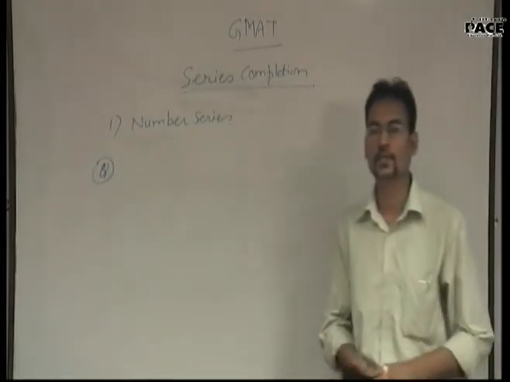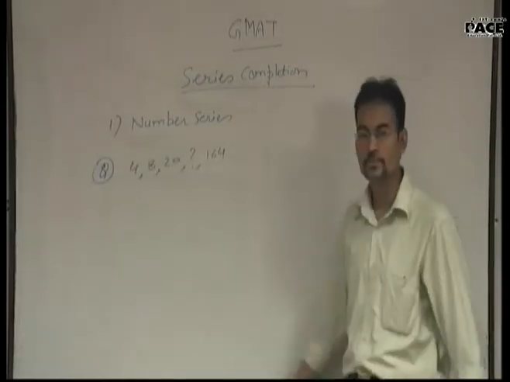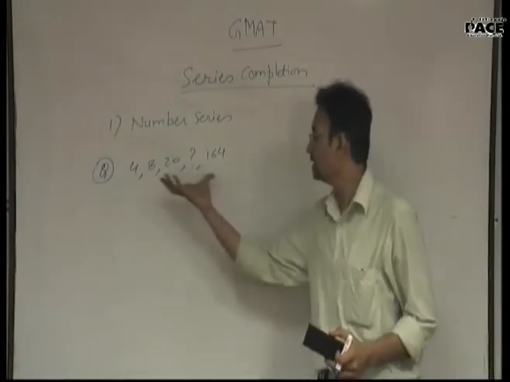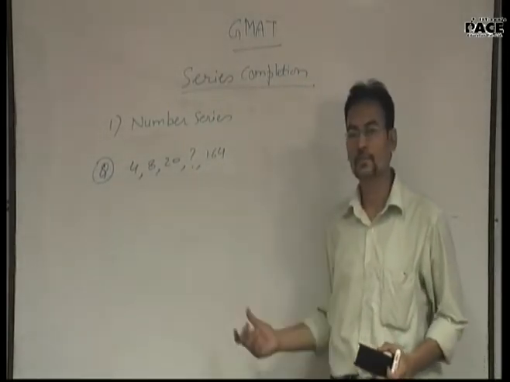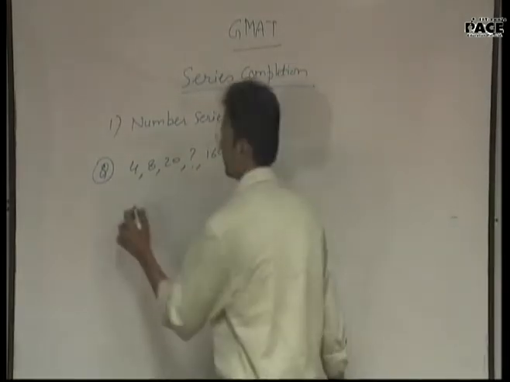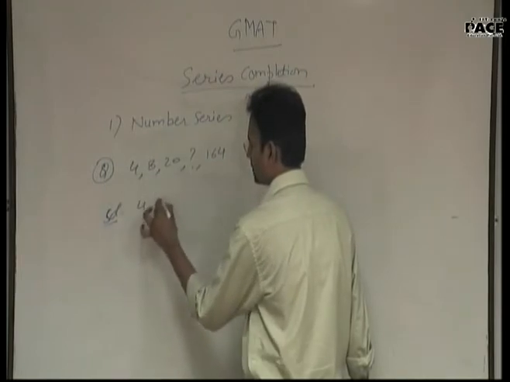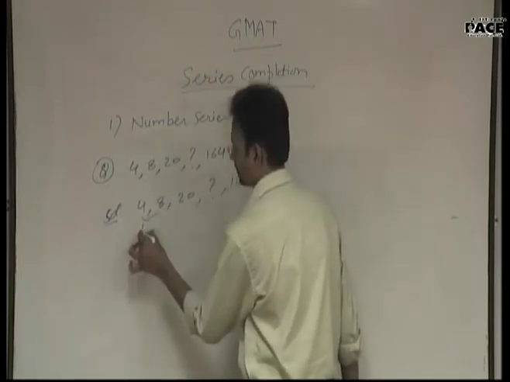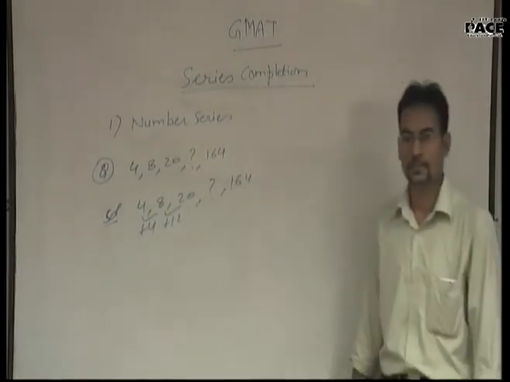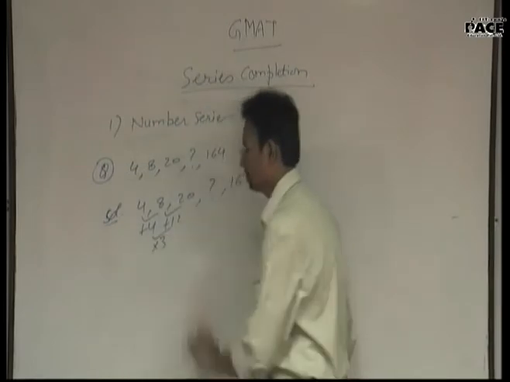Further we can take some more practice questions. How to solve this kind of question? We have already discussed this type of question. So how to start? We can take the difference, that is plus 4, plus 12. So it is 3 times.